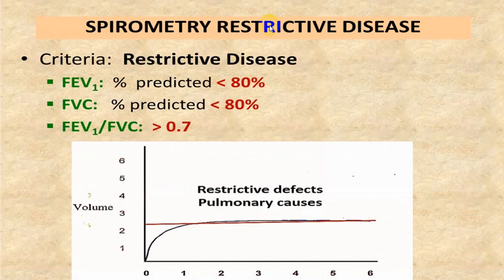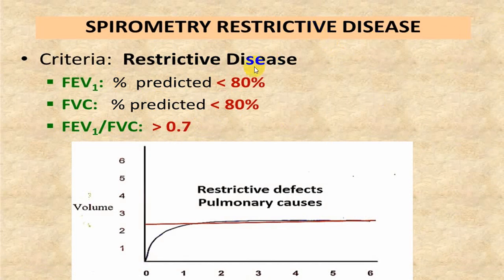In restrictive, FEV1 will be less than 80. FVC will be less than 80. But the ratio will be more than 70%. So if the ratio is more, it is more in favor of restrictive disease. If the ratio is say more than 80%, it is straightforward restrictive disease.